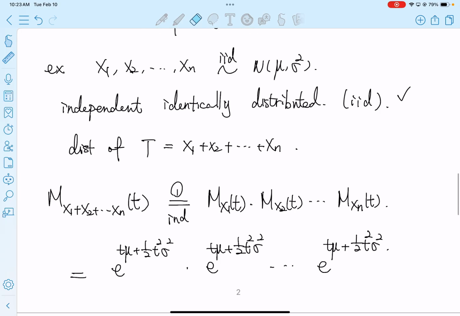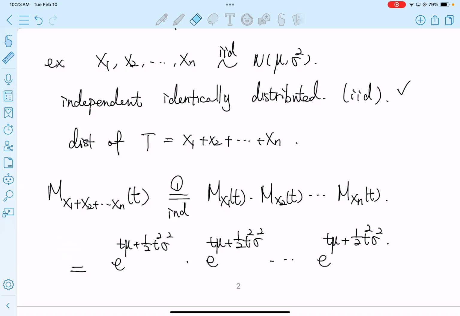This is the part where you're using the second I and the D of the IID, the identically distributed. Because each of them identically follows the normal, they all have the same formula, the mu and the sigma squared.